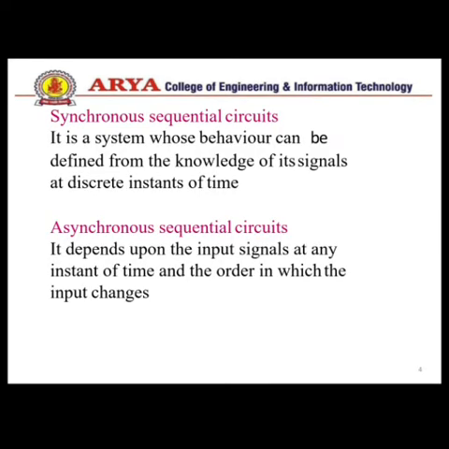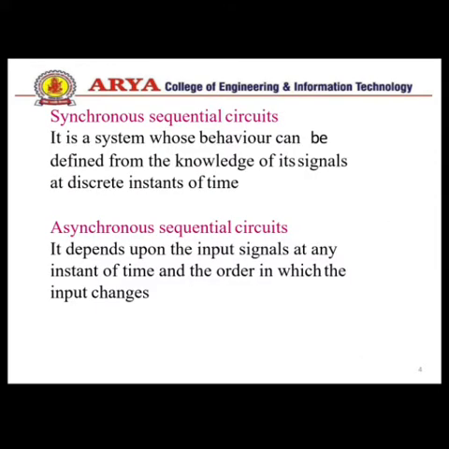In a synchronous circuit, the behavior can be defined from the knowledge of its signals at discrete instants of time. In an asynchronous circuit, it depends upon the input signals at any instant of time and the order in which the inputs change.